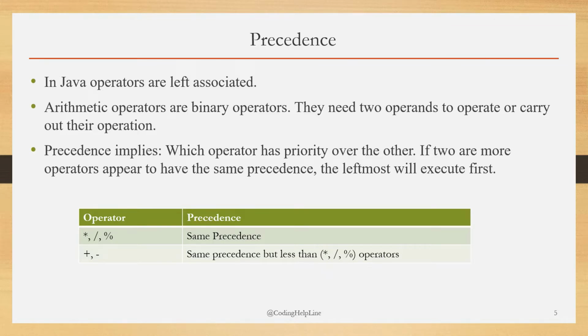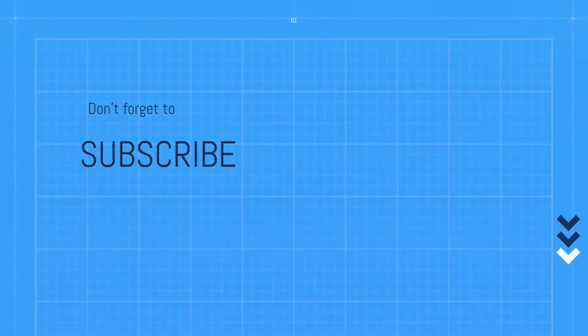Among the 5 arithmetic operators, multiplication, division, and modulus have the same precedence. They operate first. If 2 of them appear in a statement, the leftmost is operated first. Then come plus and minus. Plus and minus have the same precedence, and the same rule applies. If plus and minus both appear in the same statement, the leftmost will operate first.